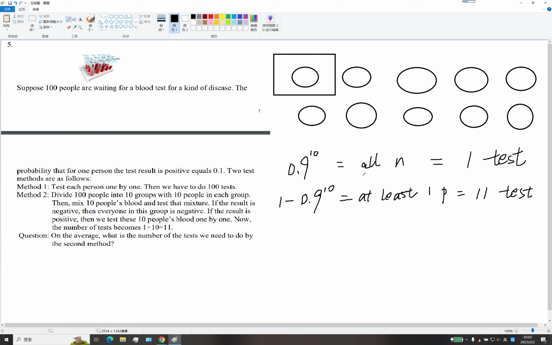The first one is all negative, then we only have to do one test. If at least one of them is positive, then we have to do 11 tests. And these are the probabilities.